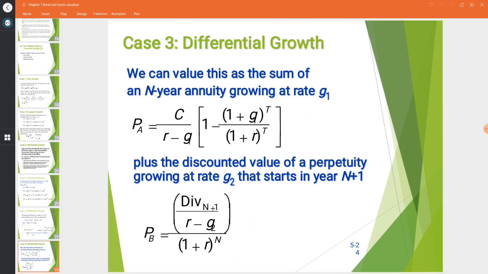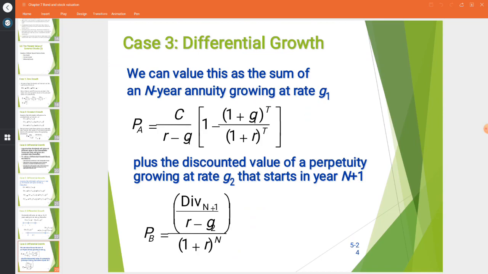You could determine the BV for the period from 1 to N, which grows at a constant growth rate G1. In this case, B at the first period is equal to C, which is the dividends, divided by R minus G1, multiplied by 1 minus 1 plus G1 power to T, divided by 1 plus R power to T.